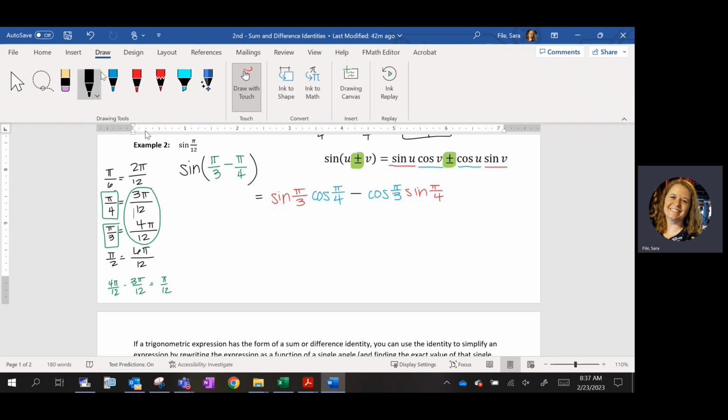All right, so now I have to know those values. I have to know sine and cosine at pi thirds and pi fourths. So let me refresh my memory. Pi fourths, that's the 45, isn't it? That's the one we said is root 2 over 2, root 2 over 2.